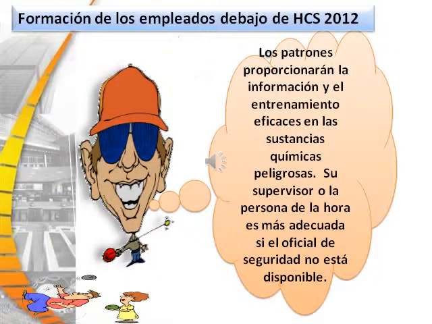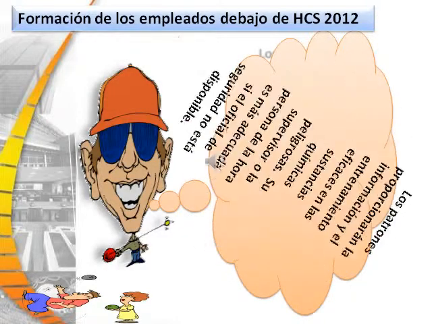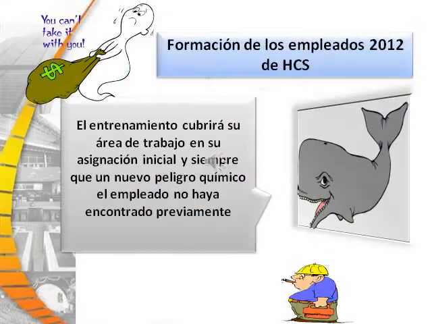Employers shall provide effective information and training on hazardous chemicals. Your supervisor or HR, human resources person, is best suited if the safety officer is not available. This training will cover your work area on your initial assignment and whenever a new chemical hazard is introduced that the employee has not encountered previously.